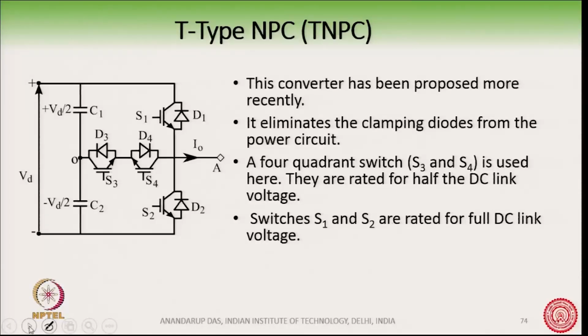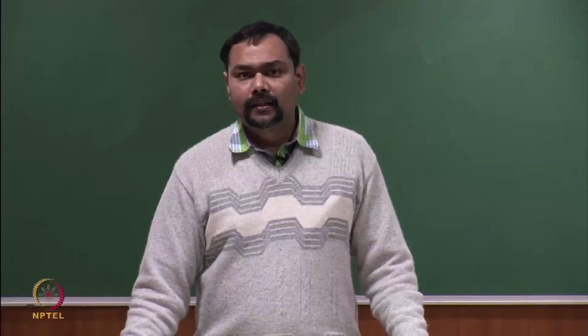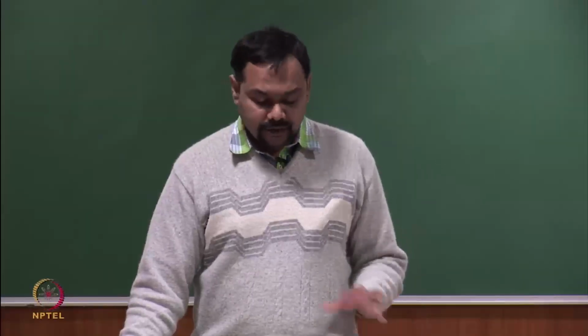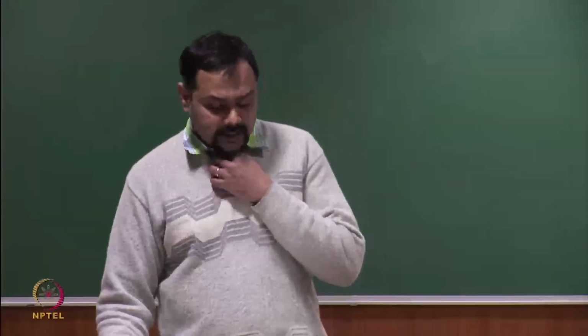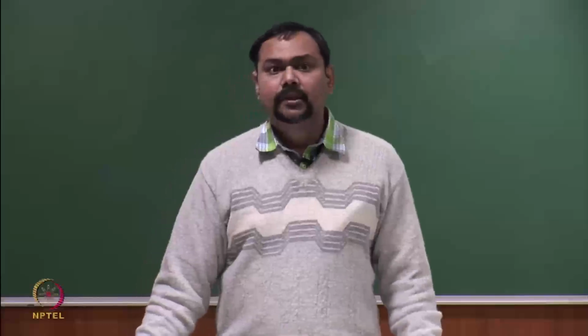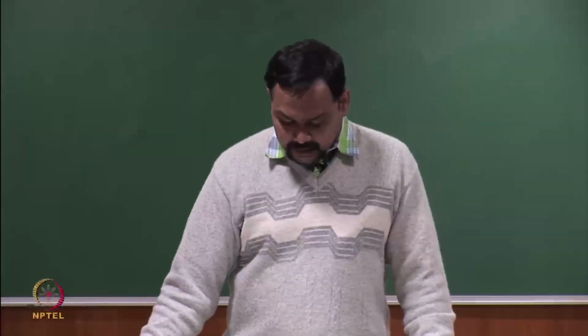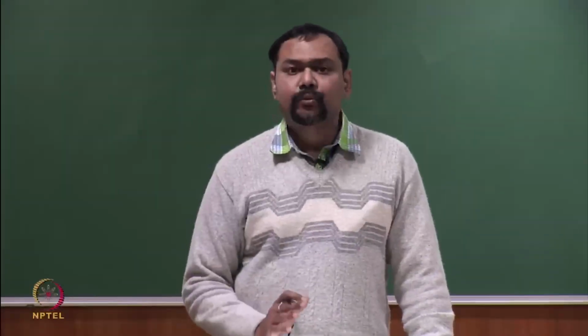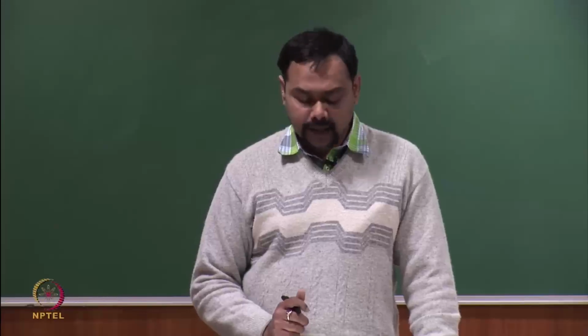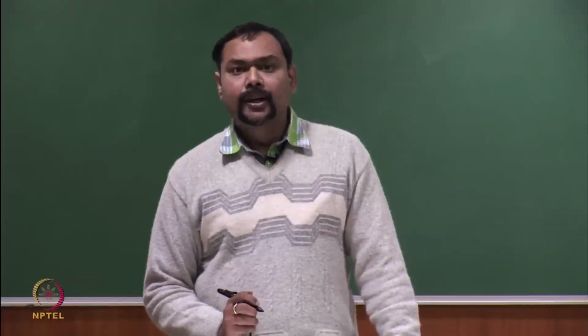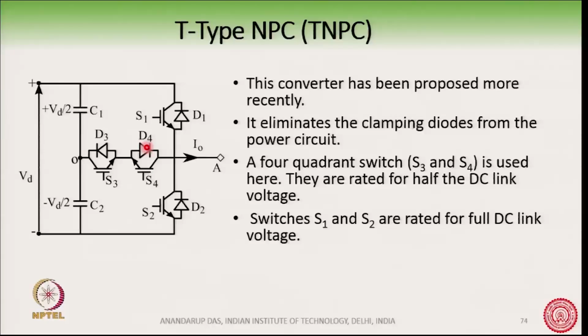Then we will talk about something like a TNPC. Okay. So, this is another type of NPC, which has been proposed more recently. Here the circuit is like what I have shown on this circuit diagram.